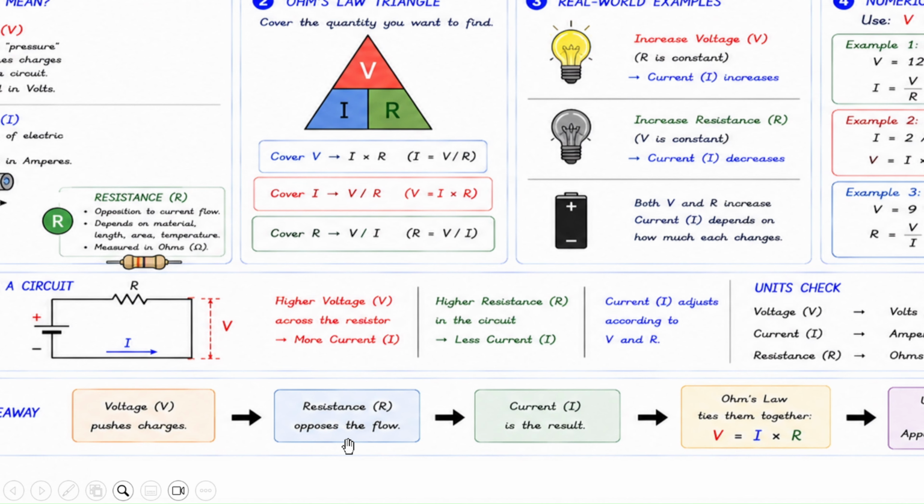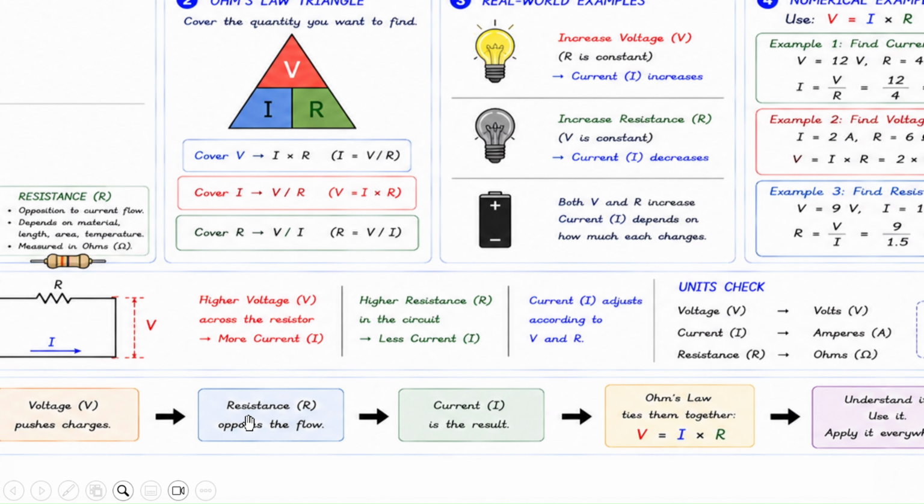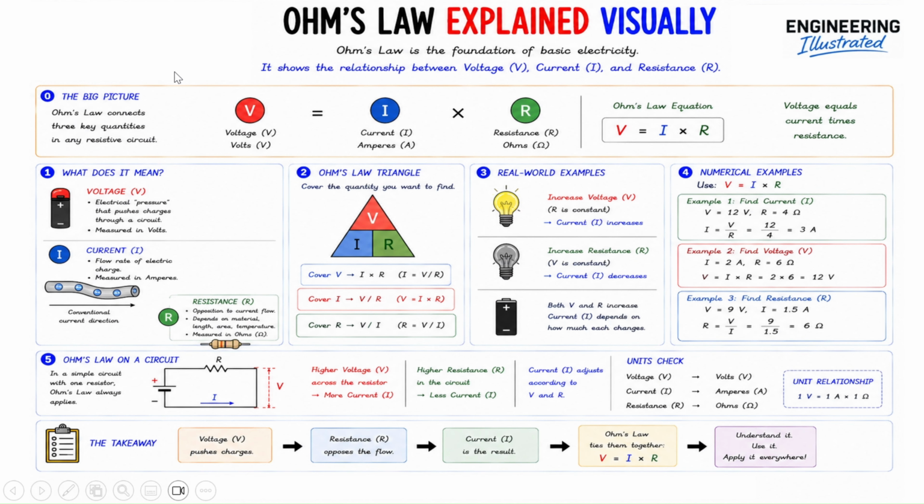The higher the resistance, the higher the opposition to the flow of the charges in the wire. And the current depends on what the voltage and the resistance are. If we have a high resistance, we get a lower current, and if we have a high voltage, we'll get a higher current.